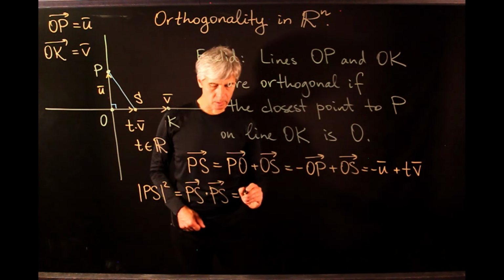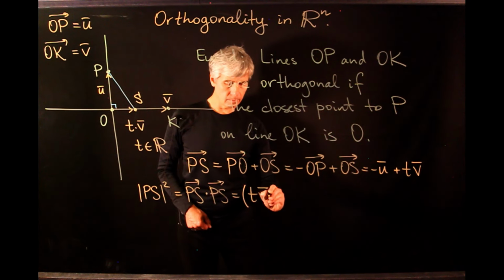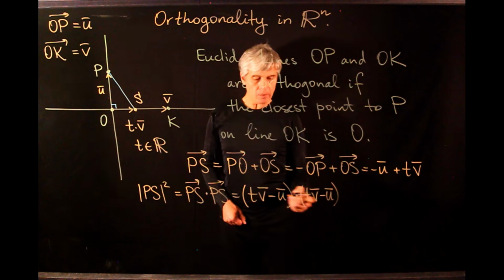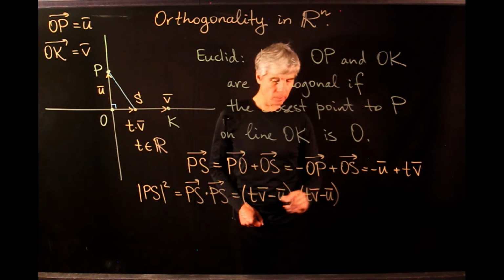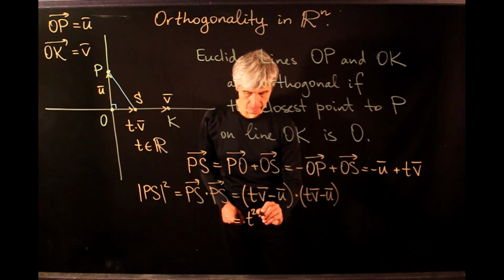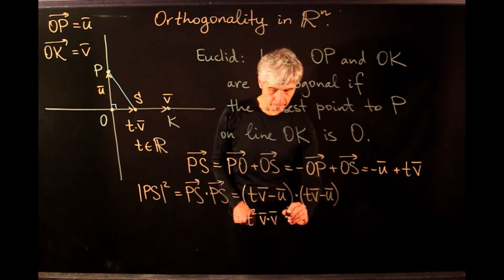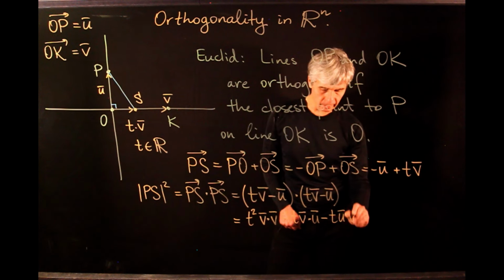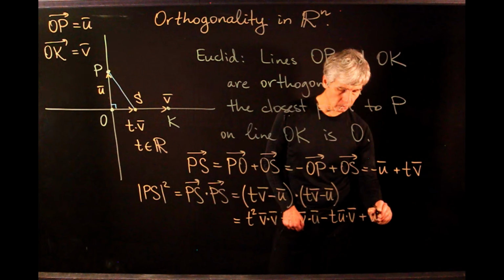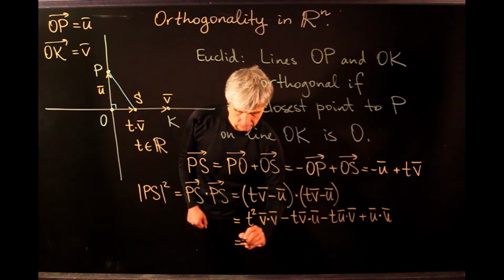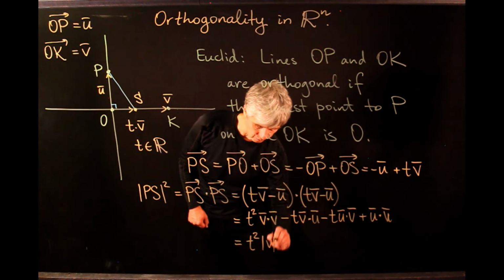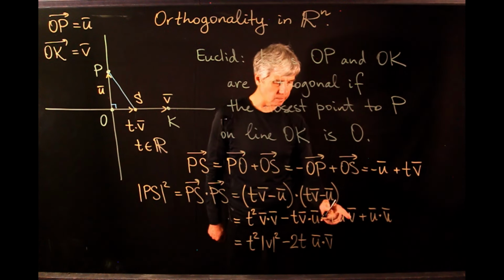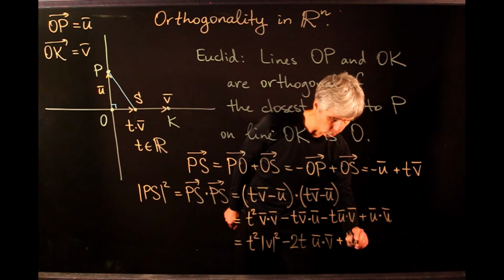And so if we substitute this expression, then we have TV minus U dot product with TV minus U. Now, using the linearity property that we have discussed, this is equal to T squared times V dot V minus TV dot U minus TU dot V and plus U dot U. And so this simplifies to T squared times length of V squared minus 2 times T, the dot product of U with V, well, the dot product of U with V and V with U are the same, plus length of U squared.